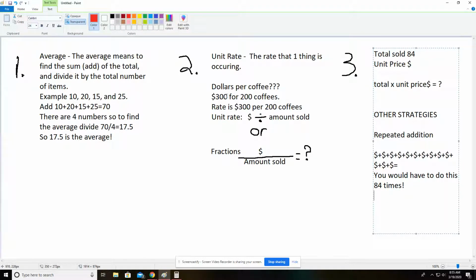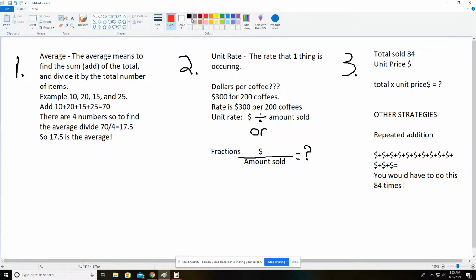In order to do that, I've given you a sample problem where we have dollars per coffee because we're trying to figure out how many dollars per coffee. Here is a rate, $300 for 200 coffees. So if the rate is $300 per 200 coffees, their unit rate would be done by dividing the dollar amount by the amount sold.